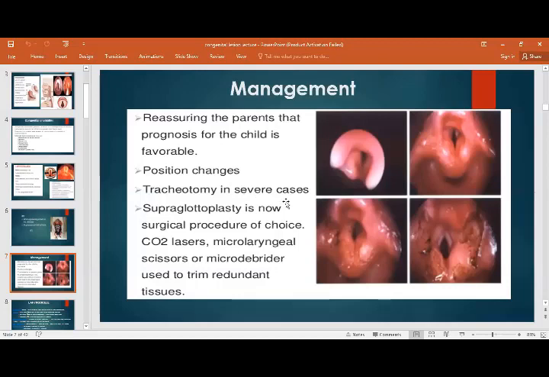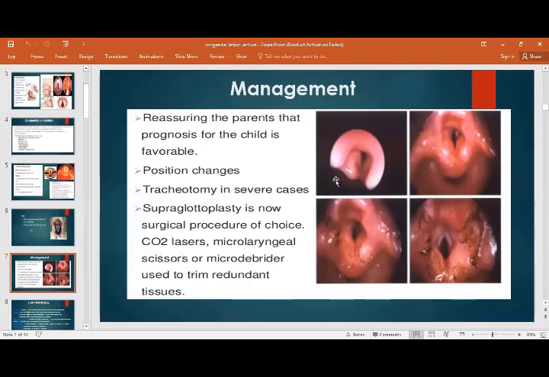But very rarely, in some cases, 1 or 2%, when a severe complication occurs, then we will go for tracheostomy in severe cases. But ideally, the surgical treatment, supraglottoplasty, is the procedure of choice.